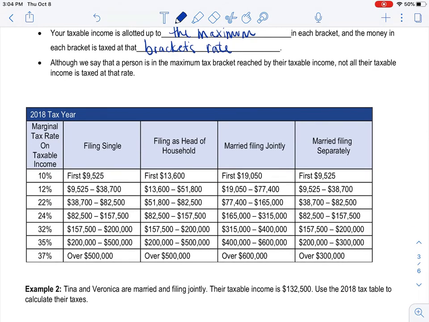Now, you're going to see many tables. You see one here, and you're going to see a different one in a later example. And then in My Open Math, they give you certain tables to use. Just use whatever's given to you. Interestingly enough, they all give you the same answer. It's just a different way of looking at it.